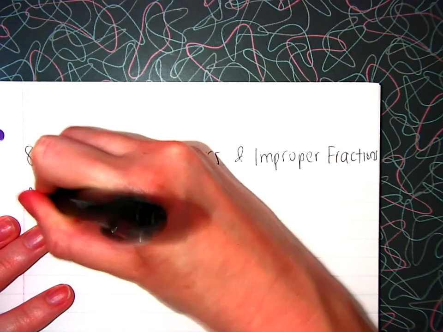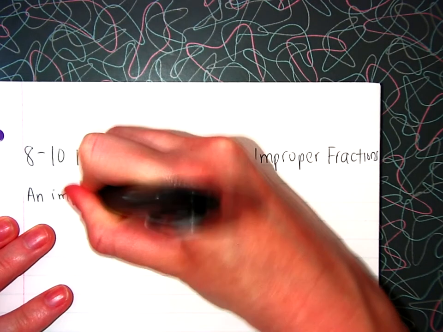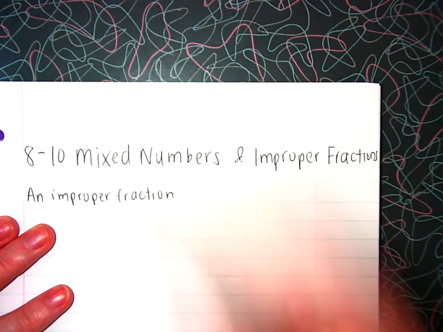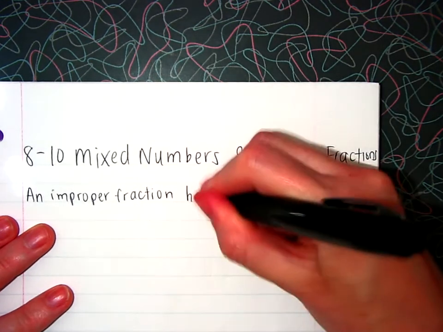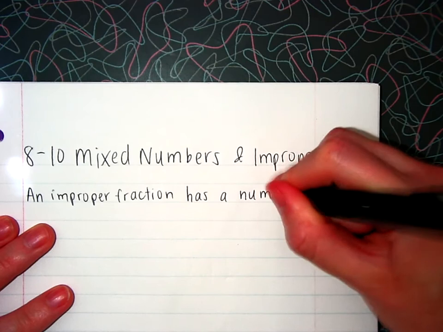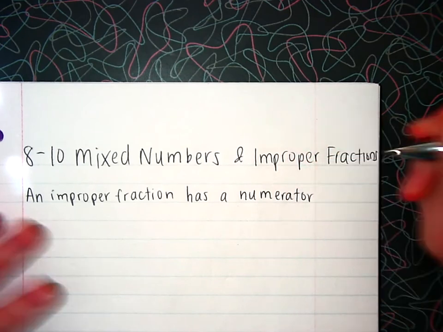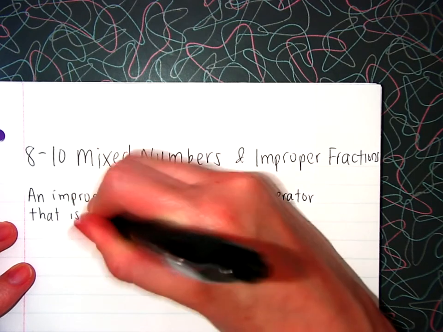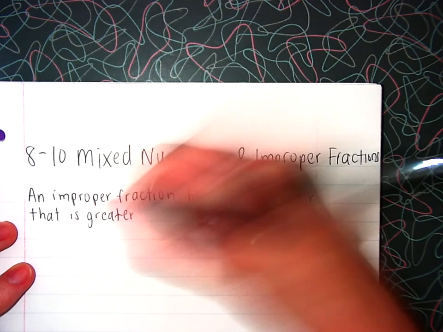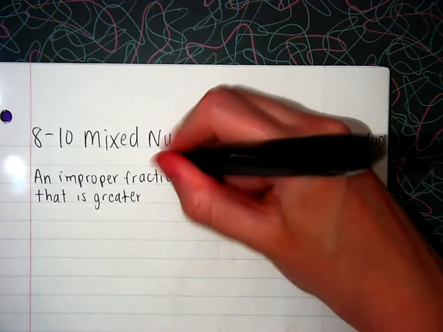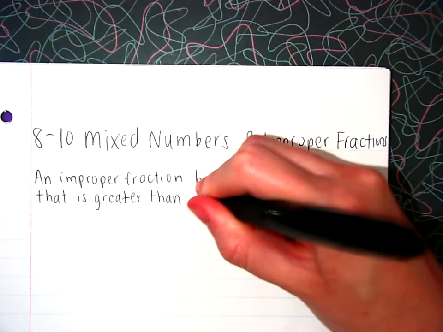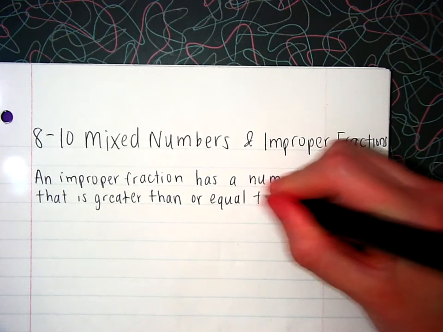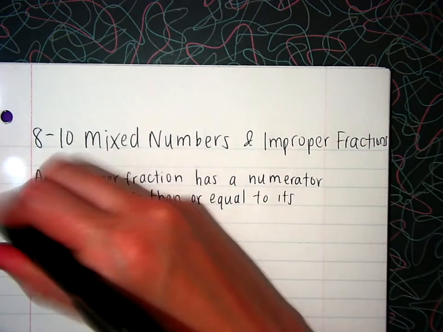An improper fraction, this is your vocab term, has a numerator that is greater than or equal to its denominator.